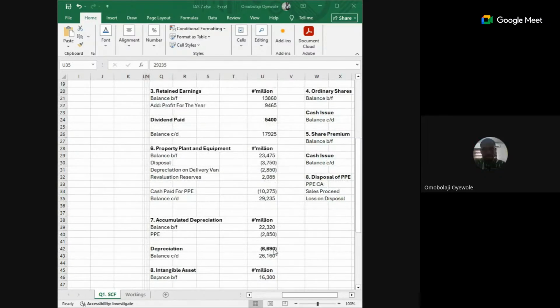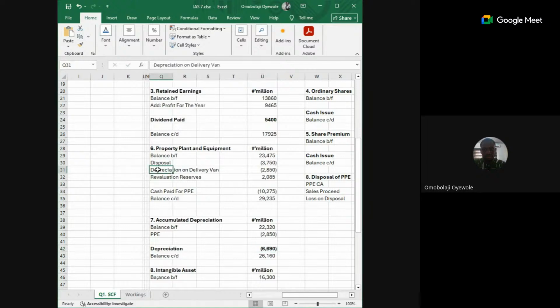Our accumulated depreciation is 6,690 now, right? Oh, okay. So this is where the error is. This 6,690 is what is supposed to represent the depreciation for the period.